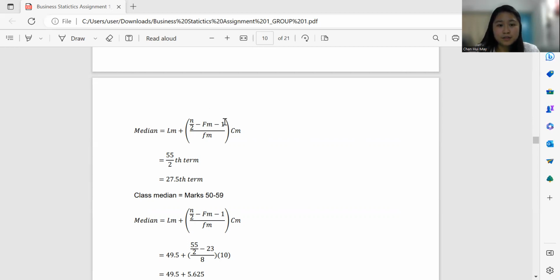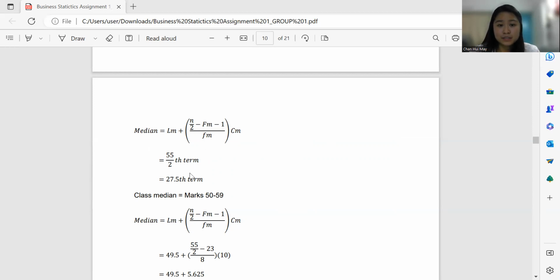Here, capital F n minus 1 means the cumulative frequency before the median class, divided by small f, which means the frequency of the median class, bracket Cn. Cn means class width of the median class.